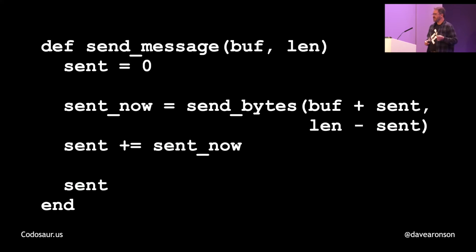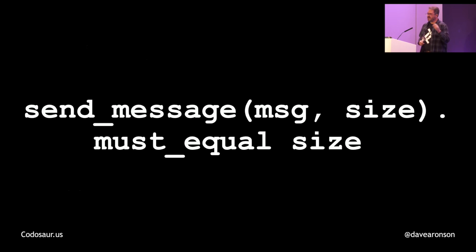Now, suppose that this mutant does indeed survive our test suite, which consists mainly of this. There's a bit more that I'm not going to show you quite yet, dealing with setting the size and creating the message. But even without seeing that test code, what does the survival of our non-looping mutant tell us?